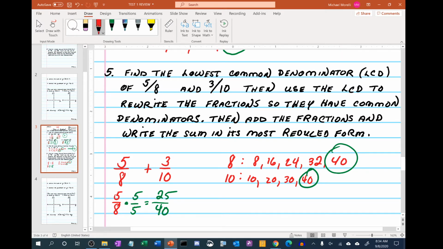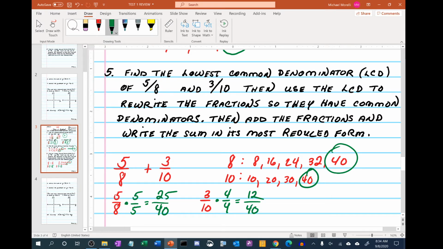Then you do the same thing for 3/10, only you want to make the 10 into a 40. So instead of multiplying by 5 over 5, you'll multiply by 4 over 4. 3 times 4 is 12. 10 times 4 is 40.